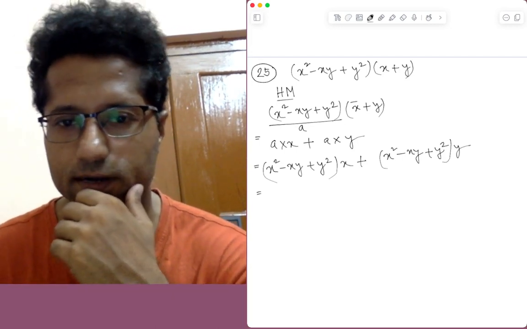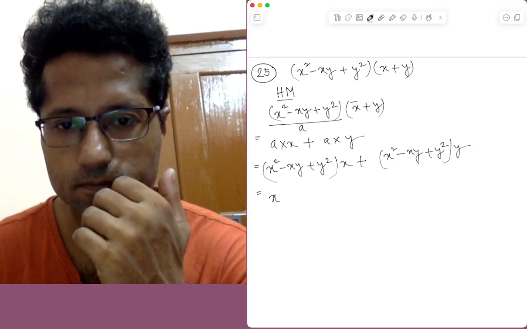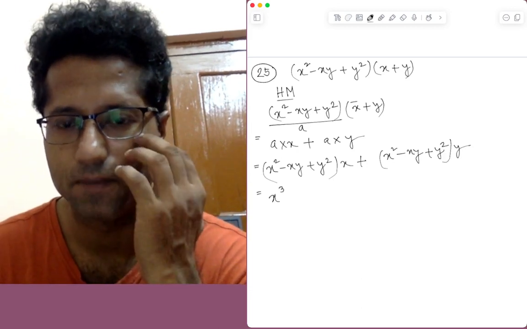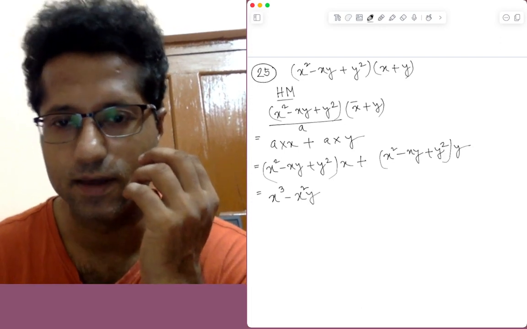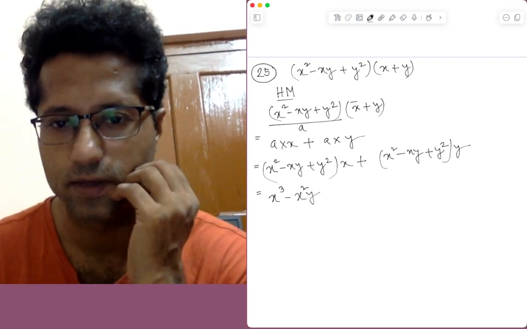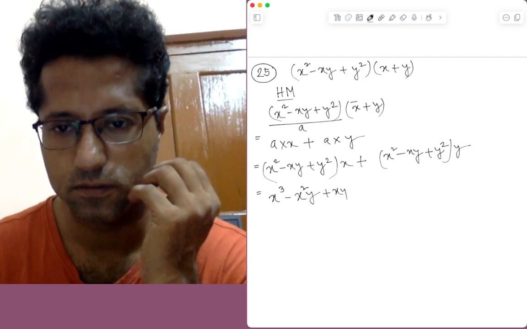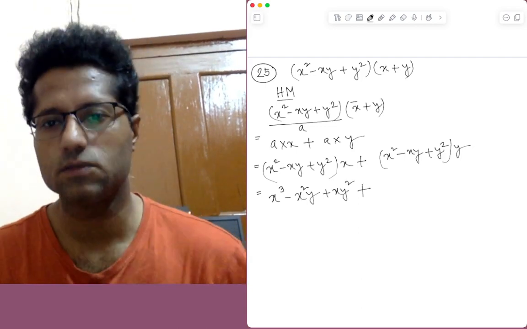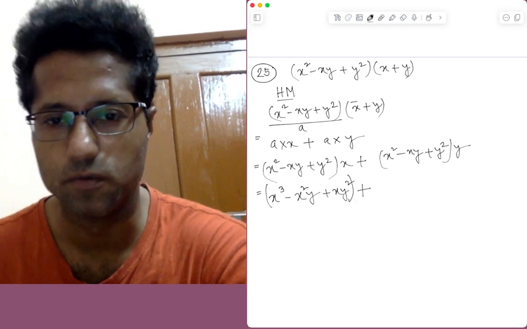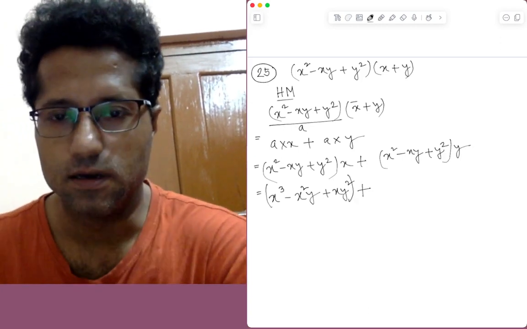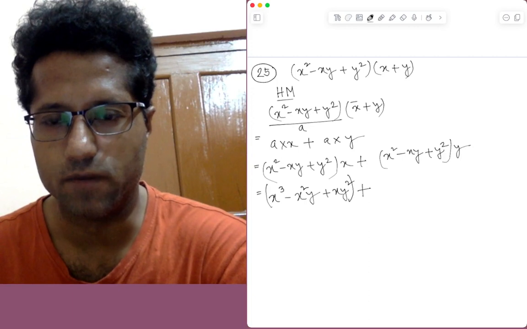This is x square into x, that is x cube. Then we will multiply x with the minus xy, that will become minus x square y. Then we will multiply x with y square, that is xy square. It's better to use parentheses for better readability.